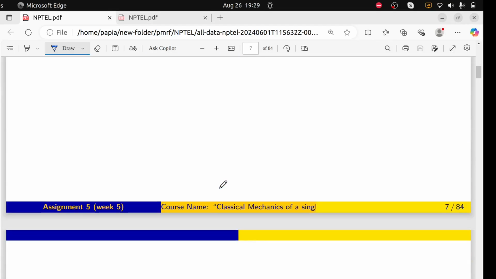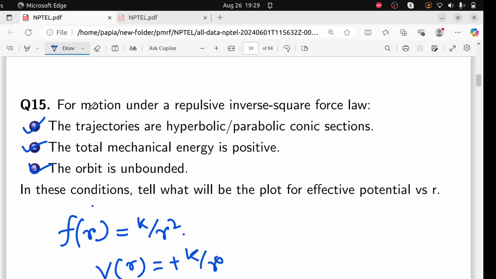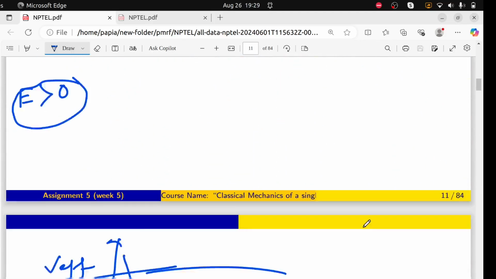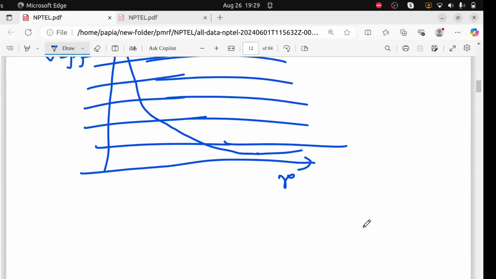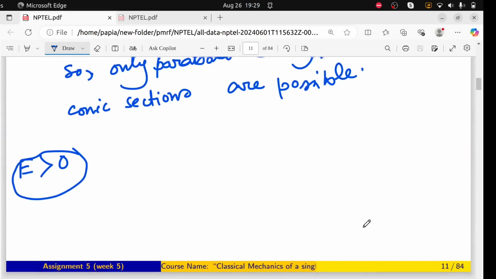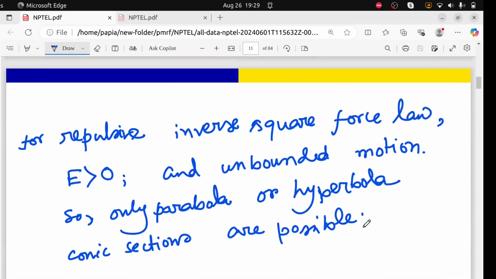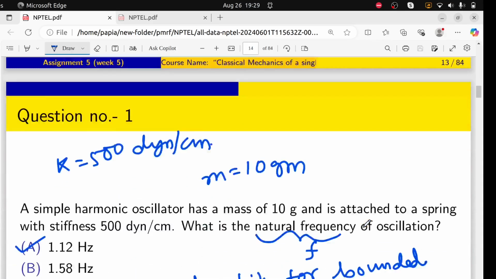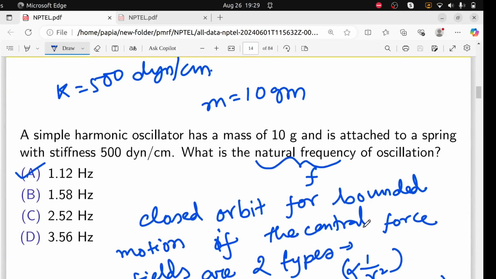Okay. Similar questions were there for question number 15, and obviously all three are coming as true. And they are asking what will be the plot for effective potential versus R. So we were doing that one. Now this one, which is this week's questions. 10 questions we were talking.